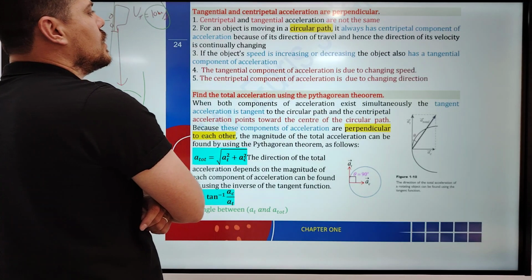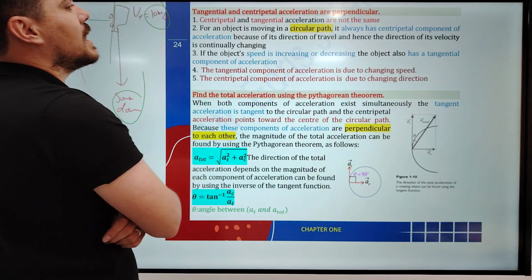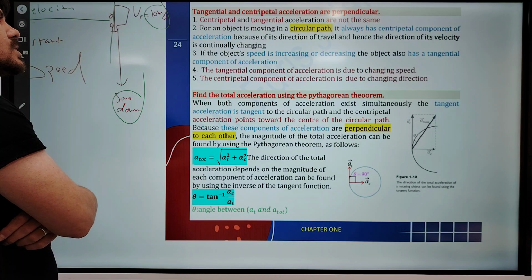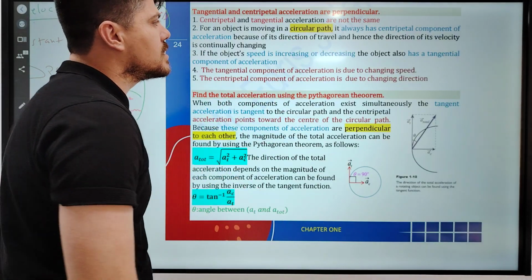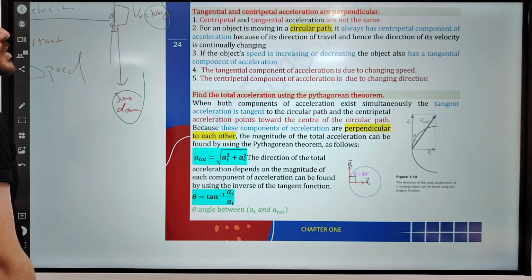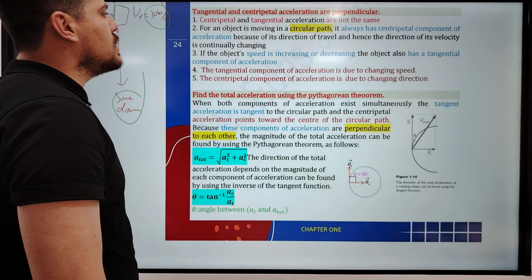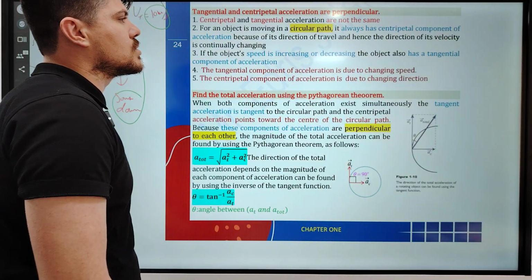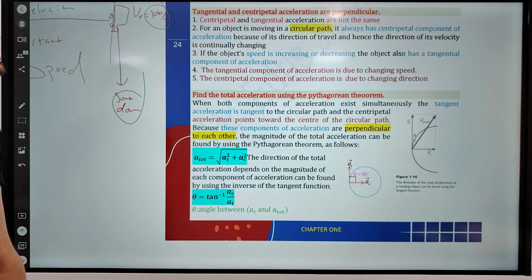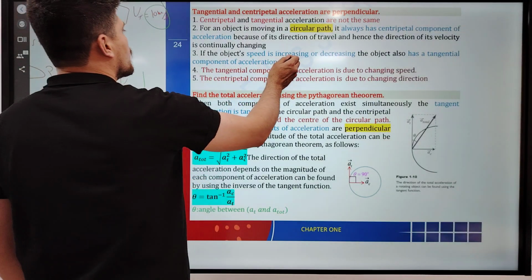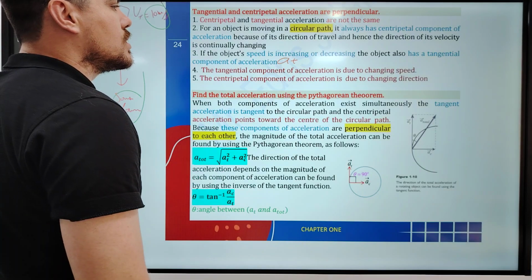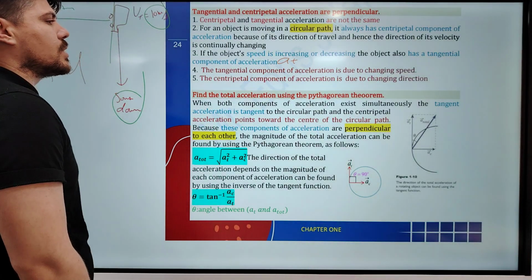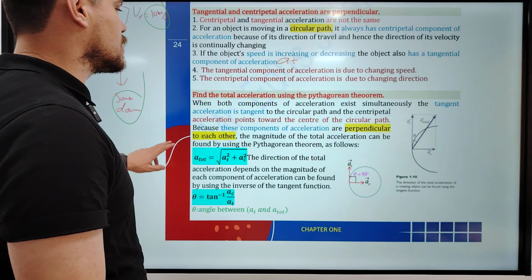When an object is moving in a circular path, it always has centripetal acceleration because of its direction of travel, and hence the direction of the velocity continuously changes. If the object's speed is increasing or decreasing, the object also has a tangential component of acceleration. The tangential component of the acceleration is due to the changing speed. The centripetal component of the acceleration is due to the changing direction.